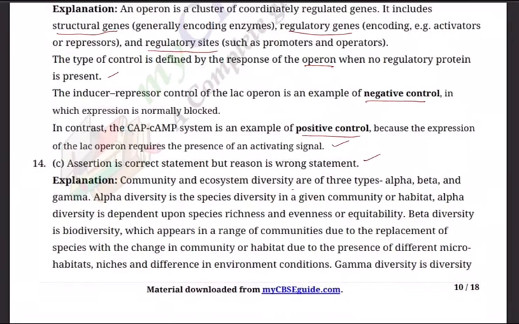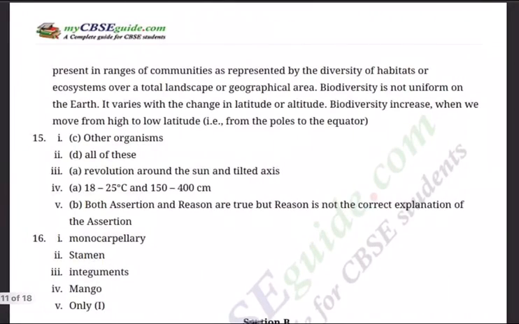Beta diversity is biodiversity which appears in a range of communities due to the replacement of species with the change in community or habitat, due to the presence of different micro-habitats, niches, and differences in environmental conditions. Gamma diversity is the diversity present in ranges of communities as represented by the diversity of habitats or ecosystems over the total landscape or geographical area.